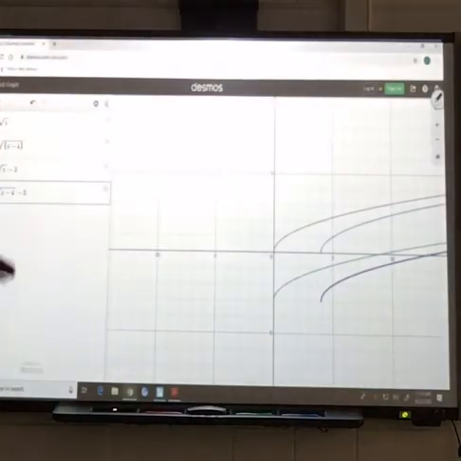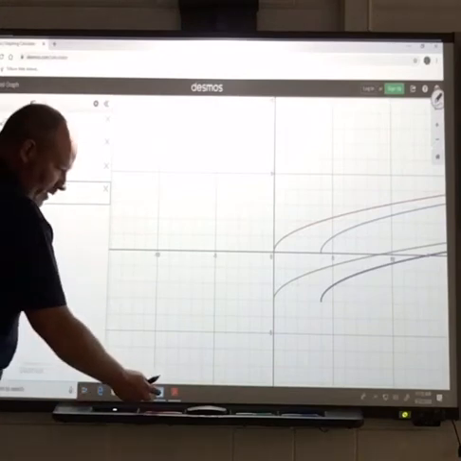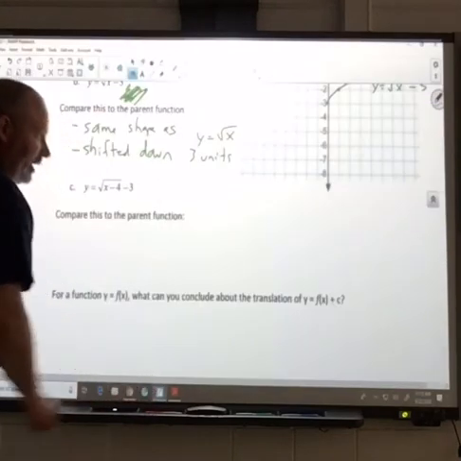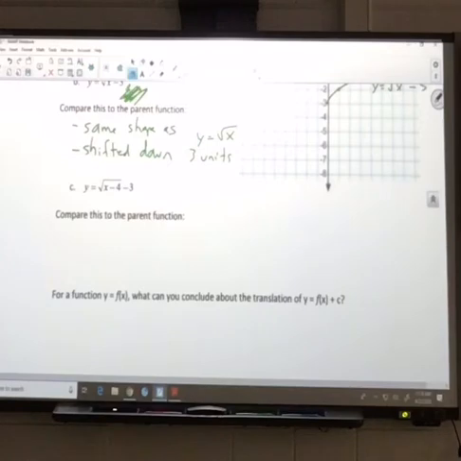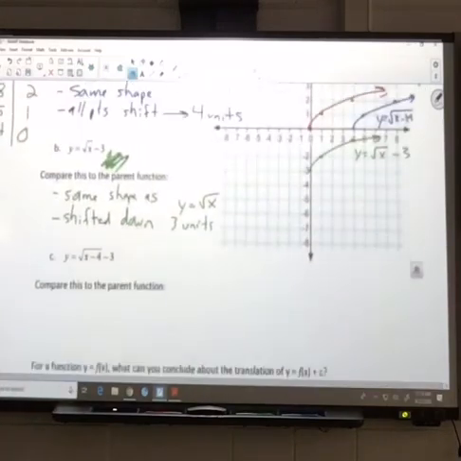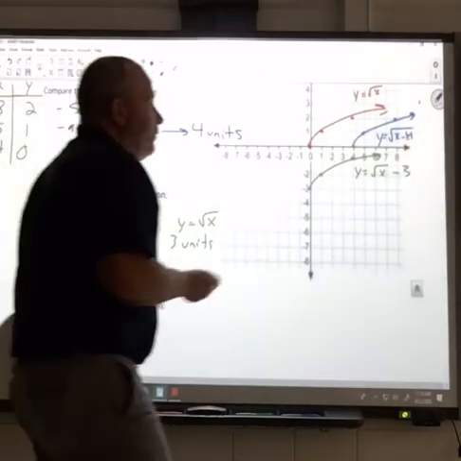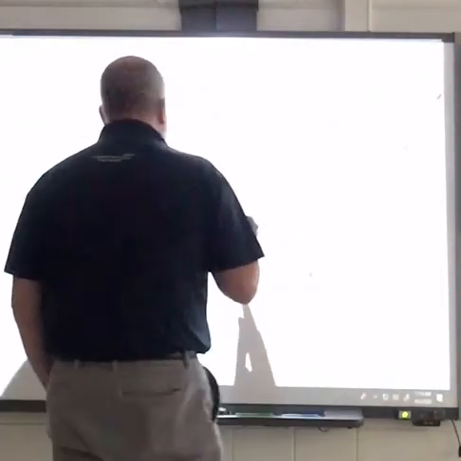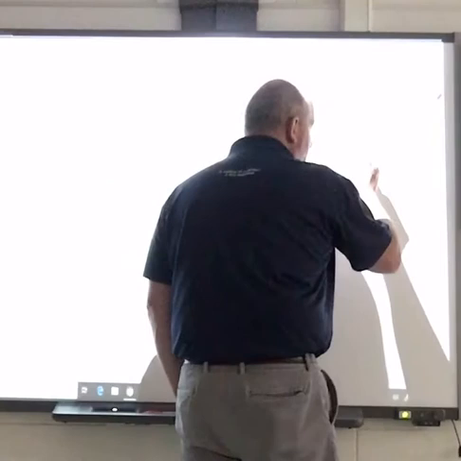Okay? And that's going to be both my h and my k values, or the values that we're going to use. We're going to use different letters called c and d. So what happens to this function? Well, if I graph what I see, I'm going to go back up to the original equation here, and for this point I go over 4 and down 3.